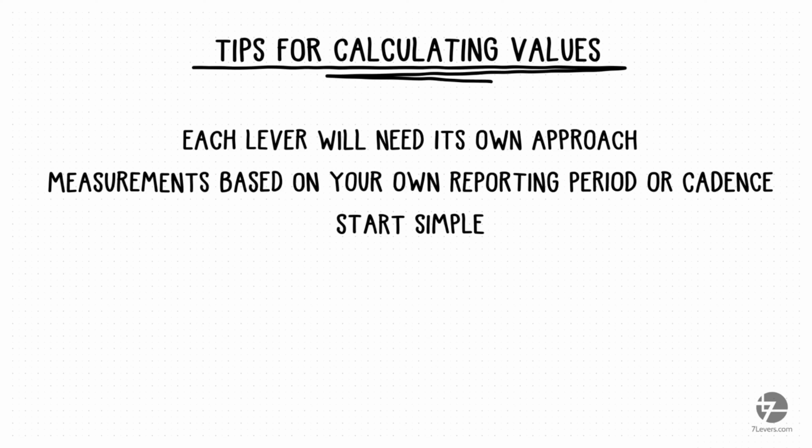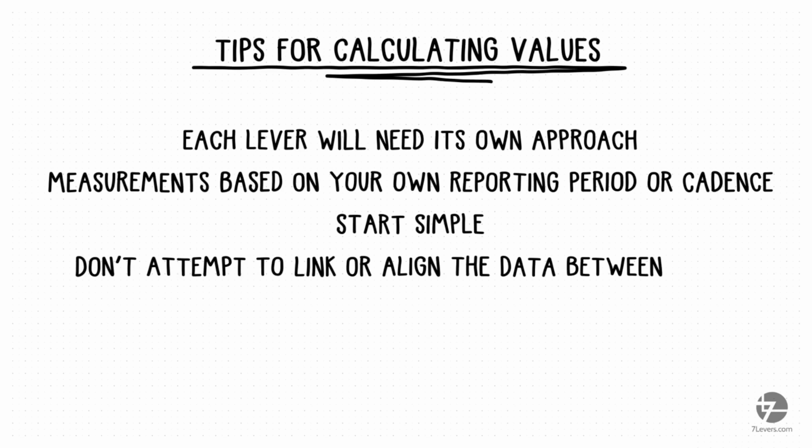And the other thing which builds on that is that we recommend you start with anonymous data. By this I mean just count the numbers in each lever. Don't try and connect the levers together. Don't try and make associations or any kind of continuity between the data as it passes through the lever.